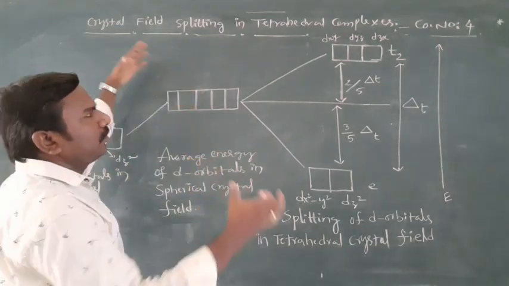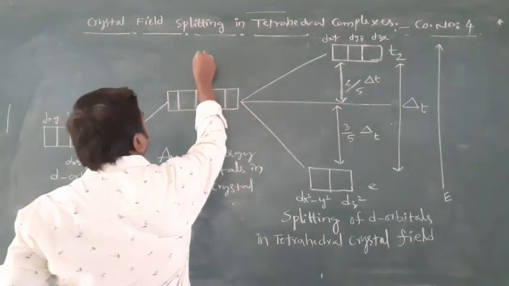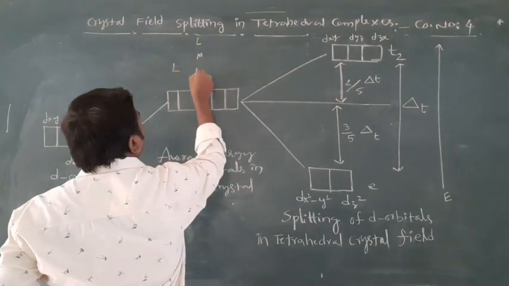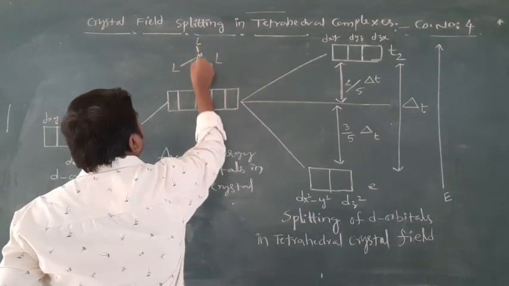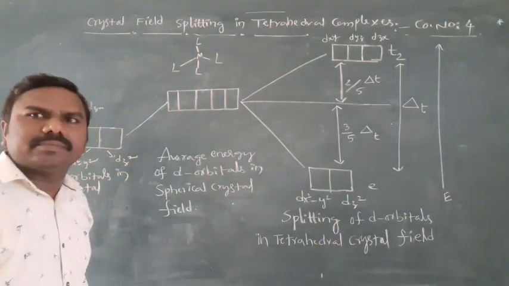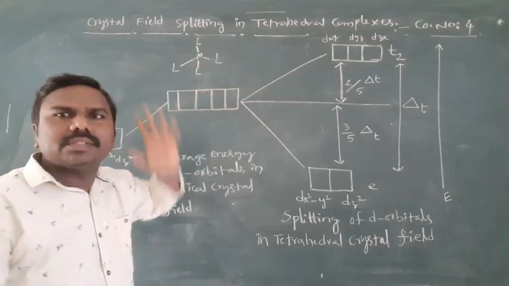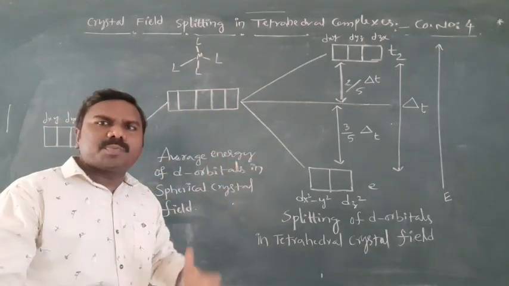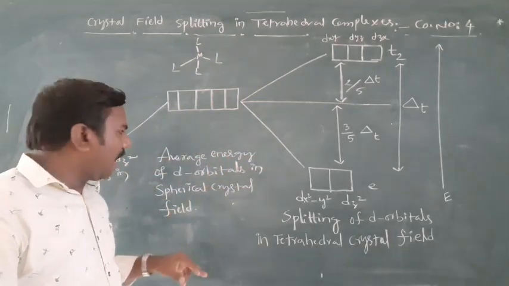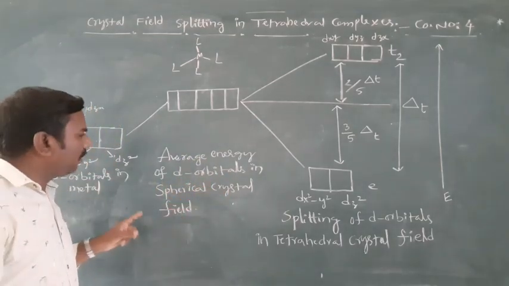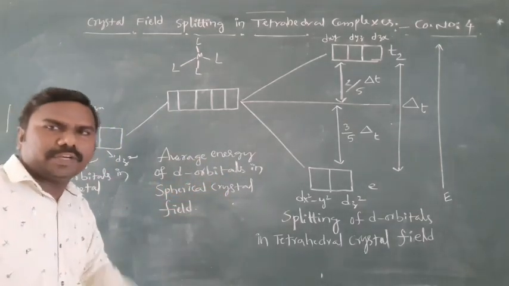When 4 ligands approach in a tetrahedral fashion, the orbitals have a little more energy due to the spherical symmetrical crystal field, the average energy of d orbitals in a spherical crystal field.